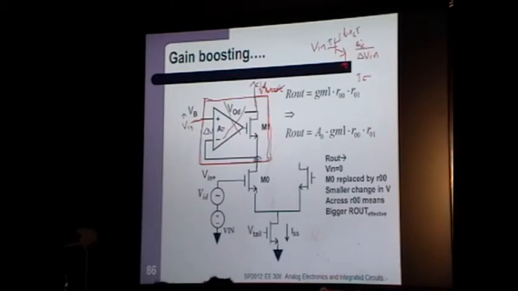If I change this by delta V, then if we assume this node isn't moving, you've got delta V between the plus and minus terminal of your amplifier. And whatever the difference between these two terminals is, times the gain of that amplifier, that's how much this node right here is going to move.